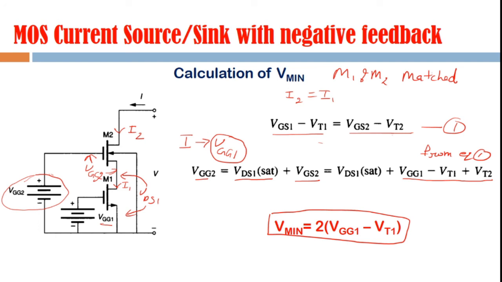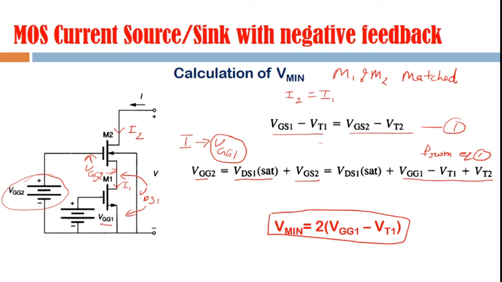So what we have learned today: what current sources are, what the ideal characteristics of current sources are, and what the non-ideal characteristics are. We have seen there are 2 important parameters if you want to characterize a current source: V minimum and R naught.